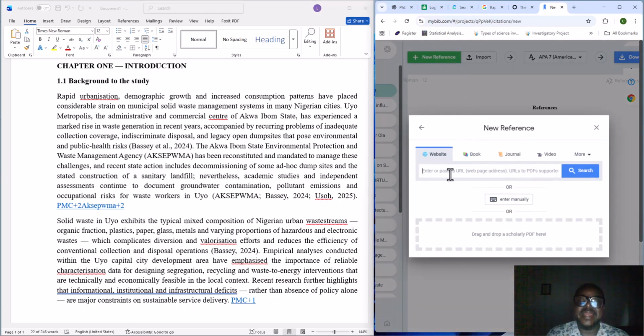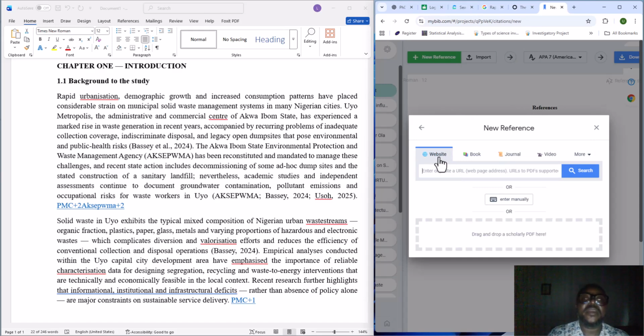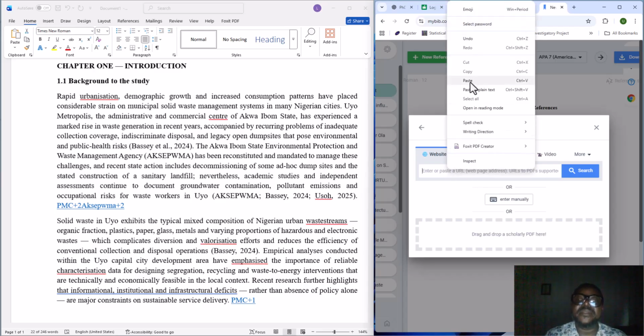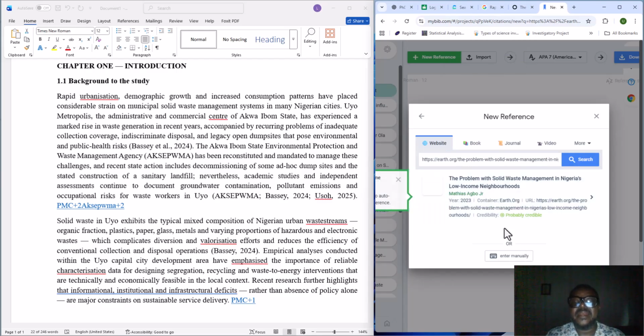We copied a link, so I will paste that link here, and I left it at website. Do you know why I left it at website? Because if it were a journal, I would have known, but this looks like a web link. So I paste that web link and search, and it has already shown me that it is credible.